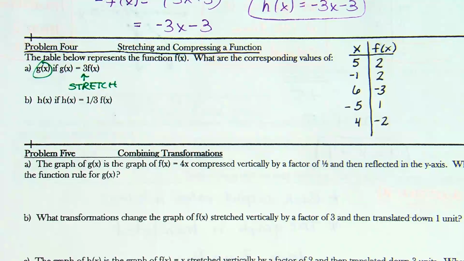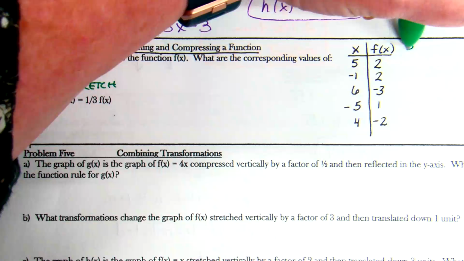We're multiplying our f of x values, which, let me back up. What is f of x another name for? That's our y values, right? F of x is another name for y. So if we're doing 3 times f of x, it's just doing 3 times our y values.